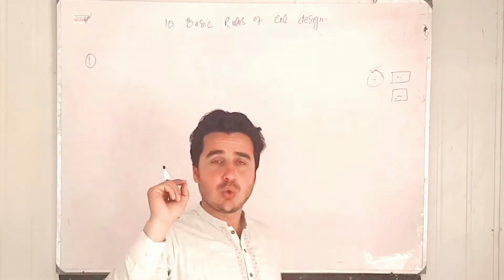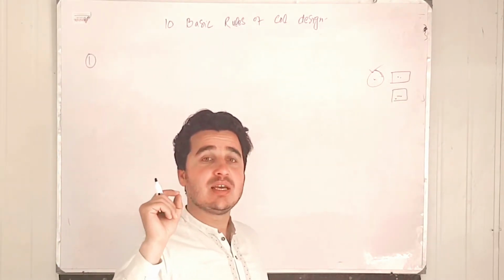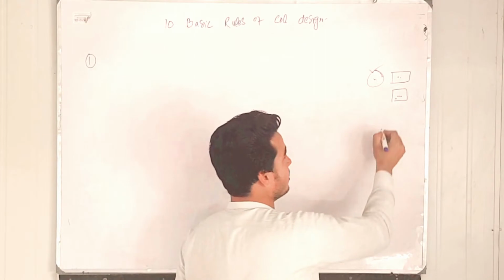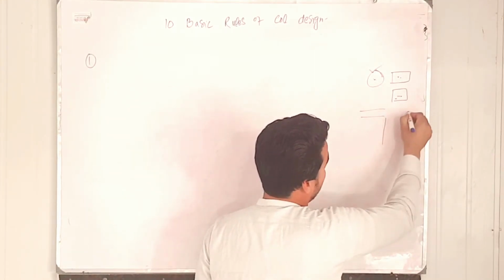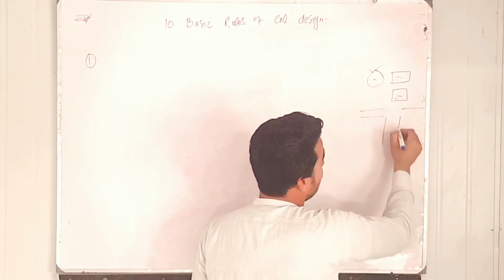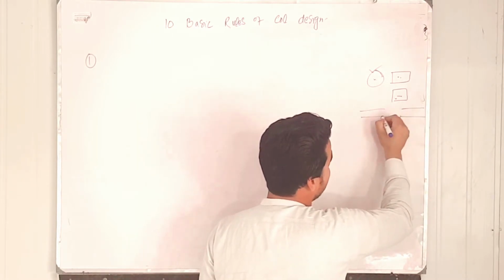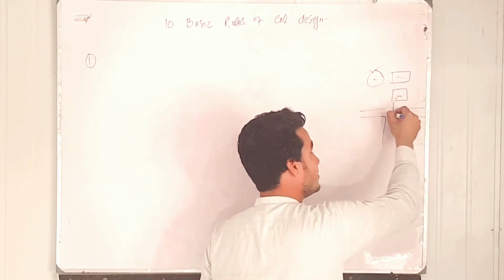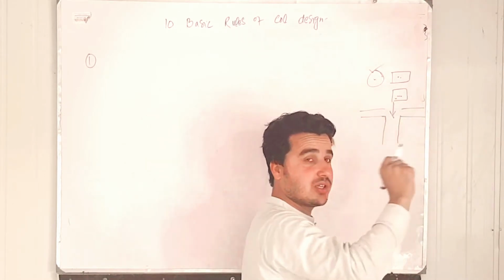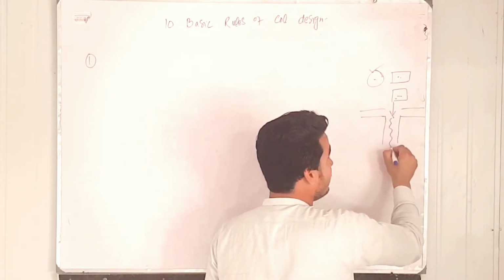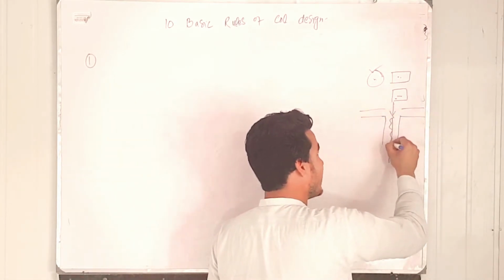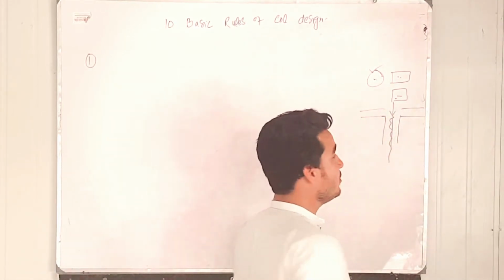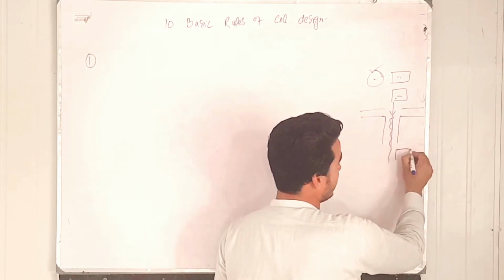Number second, why will we choose the square column? If the load applied from the top is on the center of the column, like let's suppose this is a beam and this is a column, and the load from all the sides is the same and concentric on the center. We call it axial force. So if the load is exactly on the center of the column, then you will have to go for a square column.